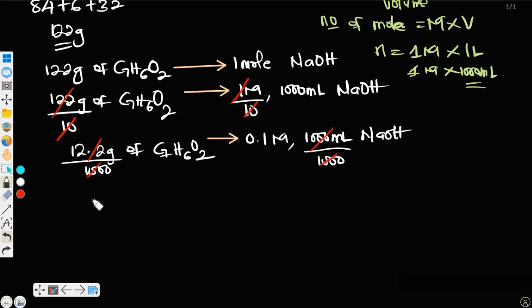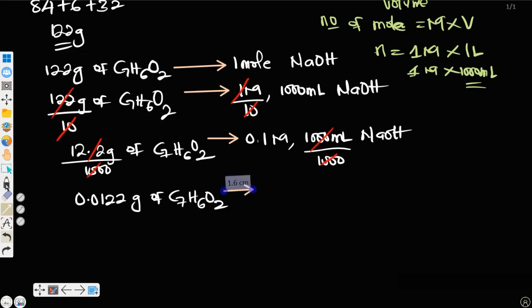12.2 divided by 1000. This will give us 0.0122 gram of C7H6O2 that will be present in 0.1 molar solution, 1 ml of sodium hydroxide.